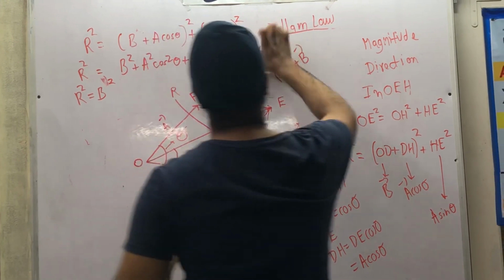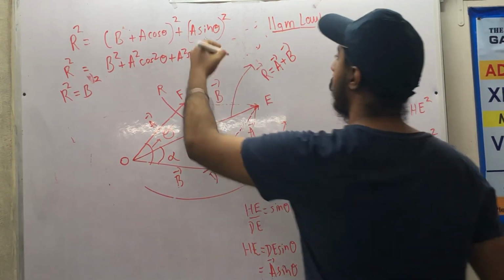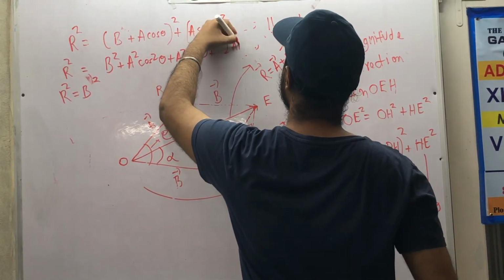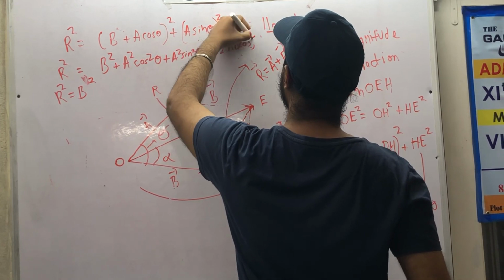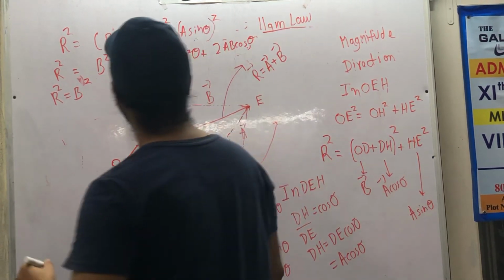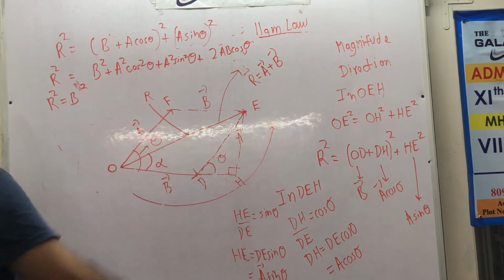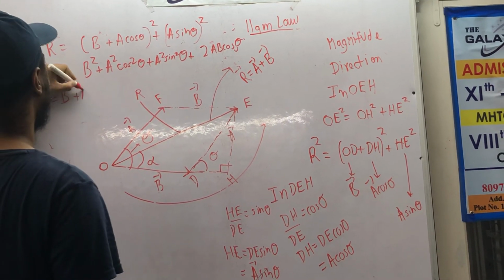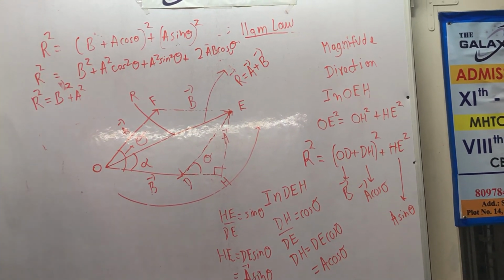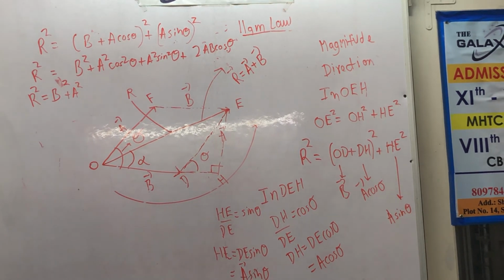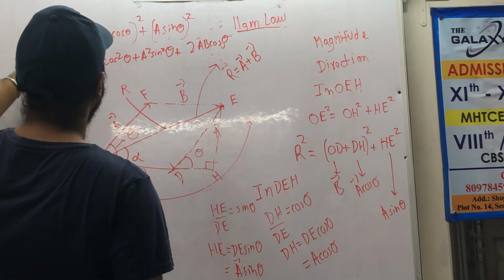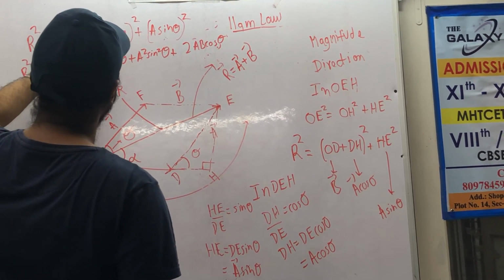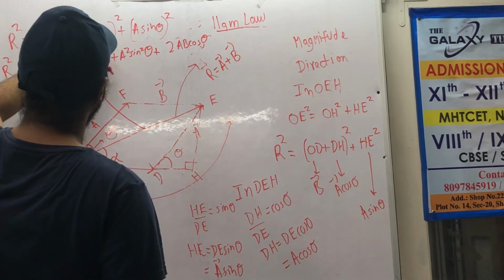I forgot to write the 2AB cos theta. Now here you can take out a square. So a square times the bracket cos square theta plus sin square theta, that is equal to 1, so I will not write anything here, plus 2AB cos theta.